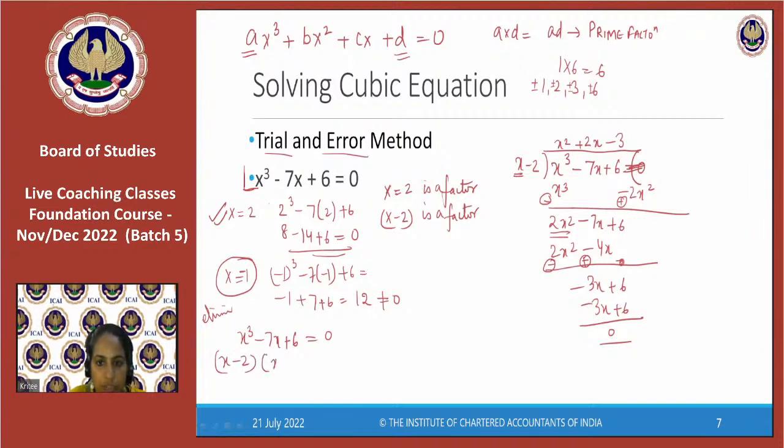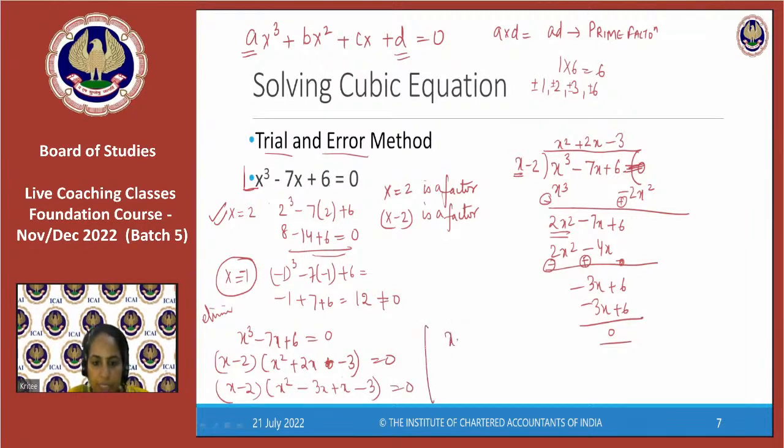x minus 2 into x square plus 2x minus 3 equals 0. Now I get a normal quadratic equation. I can solve it like a normal quadratic equation. X square minus x plus 3x minus 3.